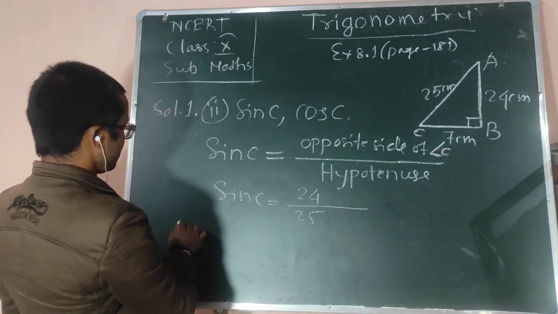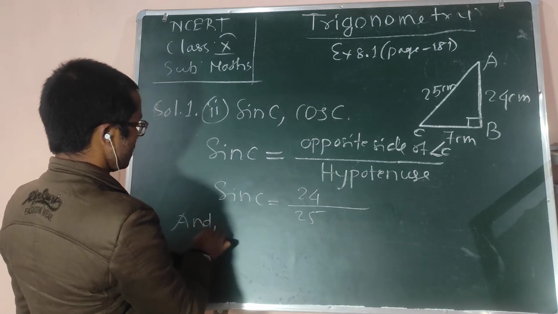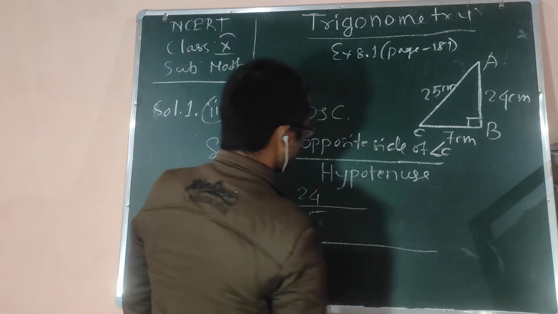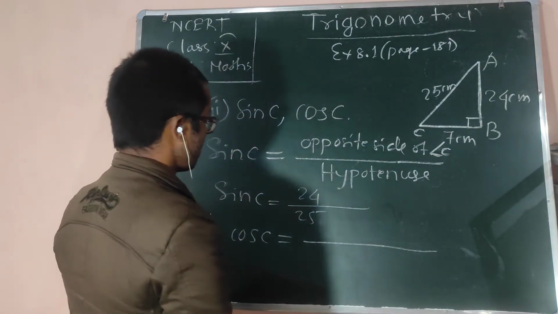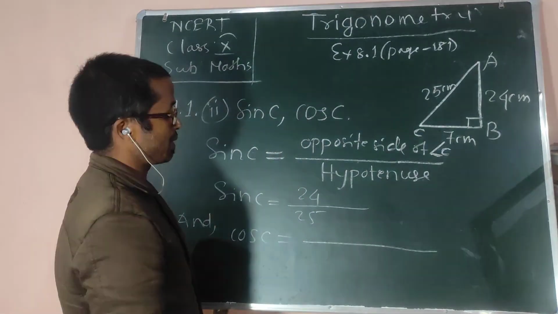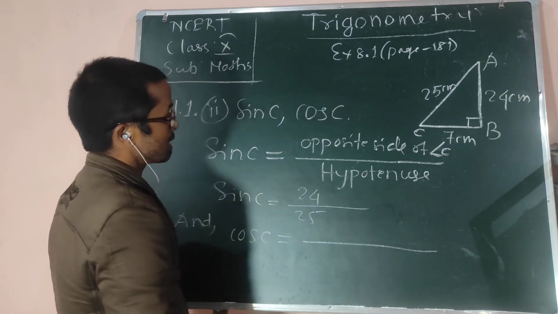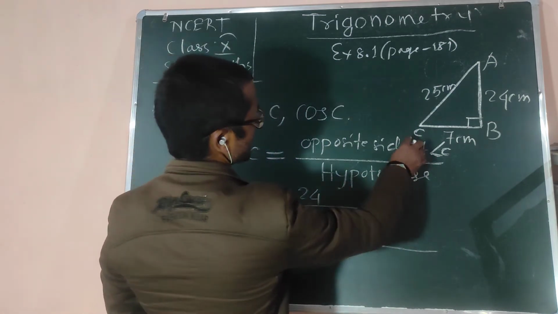Now cos C is equal to, we have to write the ratio first. Directly we can write, but for beginners, we practice by writing the complete steps. So remember, cos is adjacent side by hypotenuse. What is the adjacent side of this angle?